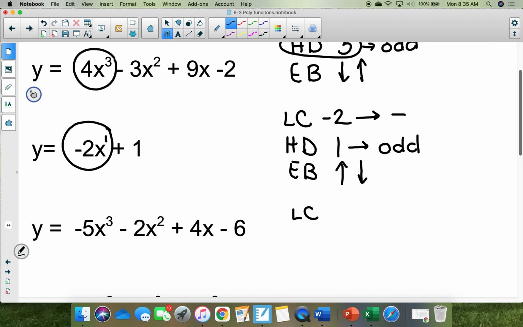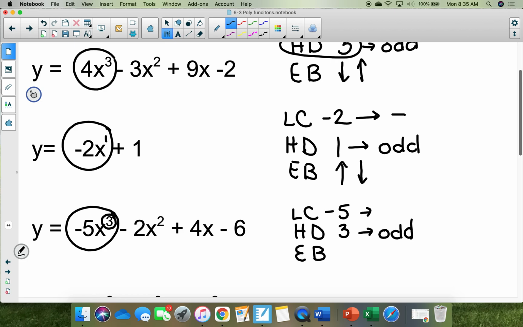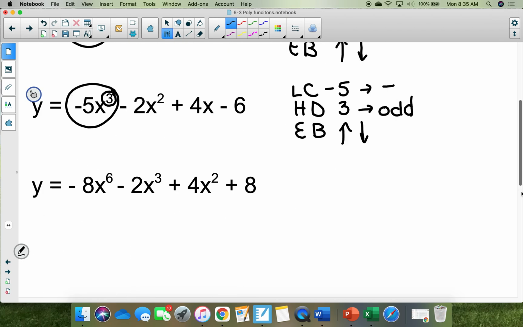Leading coefficient, highest degree, and behavior. This is 3. Highest degree is 3. That's an odd number. The leading coefficient is a -5. That stands for negative or positive. So it's negative and odd, the same one that you have up above. One more.